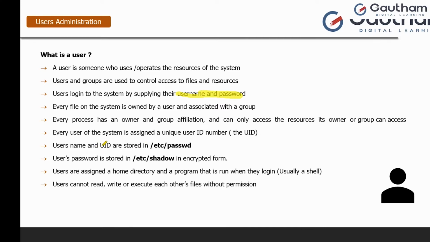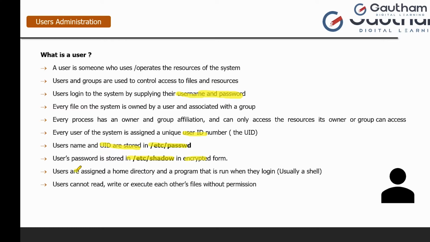The user information is stored in a file called /etc/passwd. What information does it store? Generally, it has your important user ID. Every user gets a unique identity, which is called the user ID. And the user's password is kept in another file, that is /etc/shadow. And here the password is available in encrypted form.